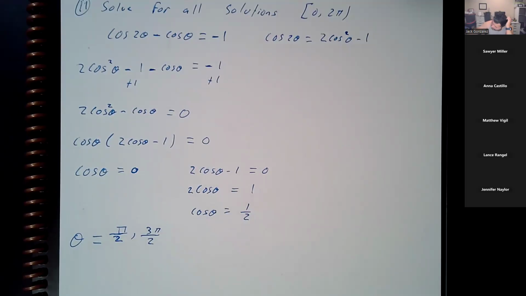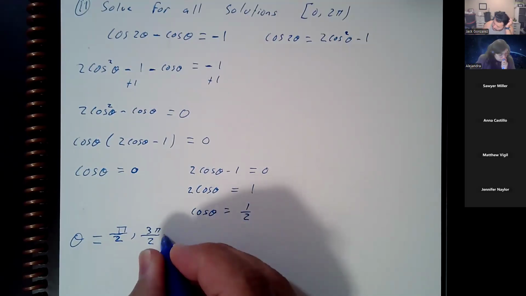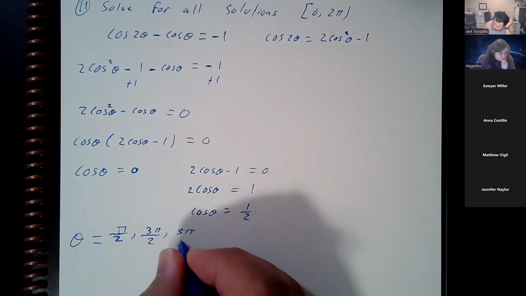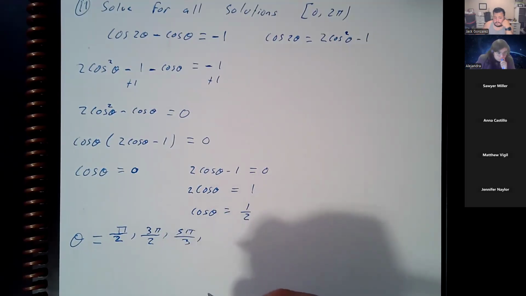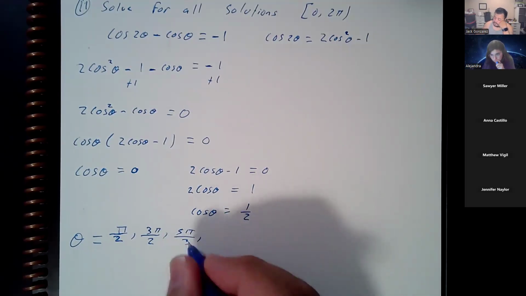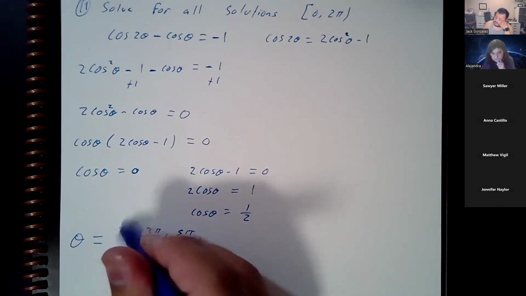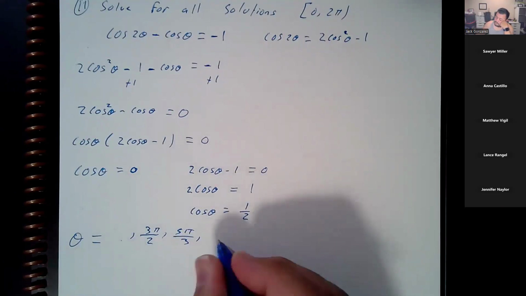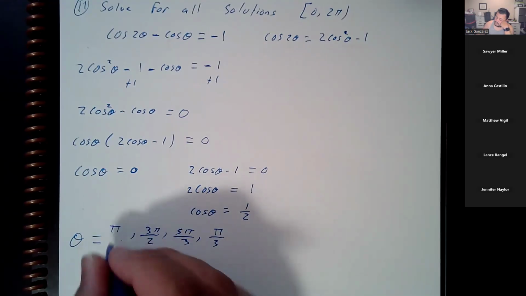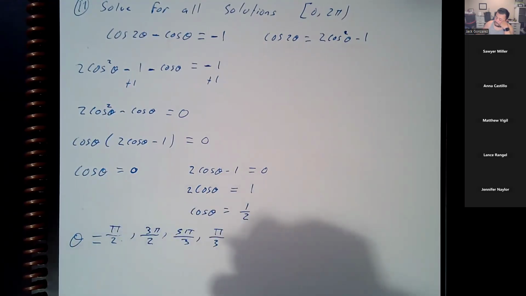Where else? 5 pi over 3. 5 pi over 3. Oops, I don't like how that looks. And pi over 3. And so we should have 4. Any questions on the algebra or the identity?